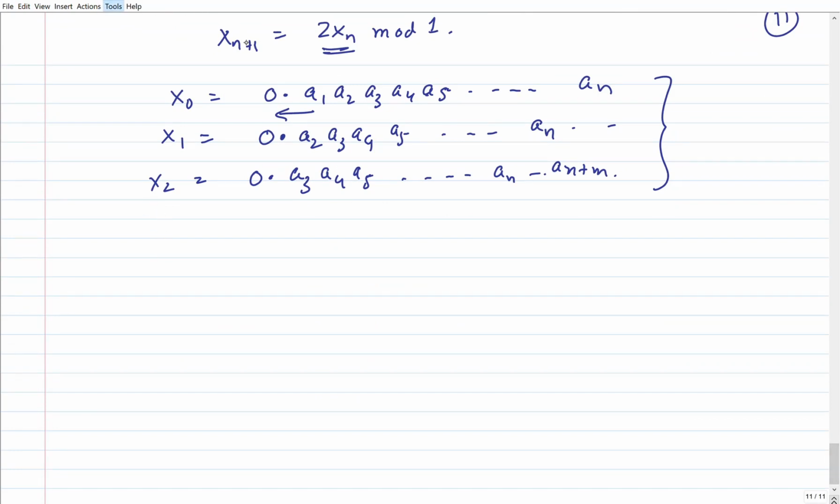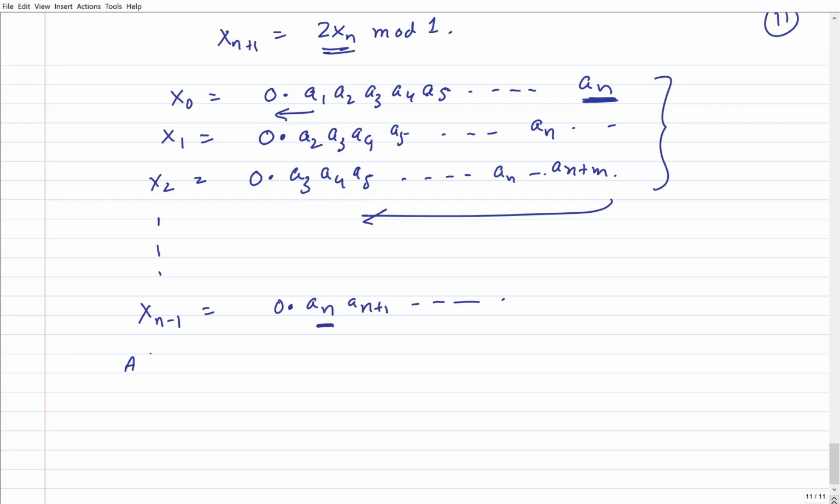Eventually, once you reach, let's say at x_(n minus 1), that would be something like a_(n plus 1). So a small change in initial conditions, that is a change in a digit towards here, eventually you will shift it and this is going to become very significant.